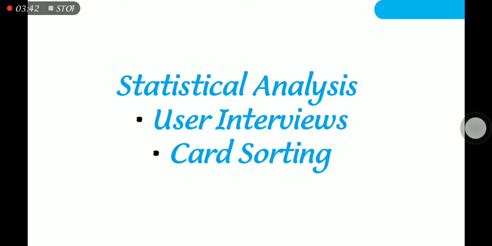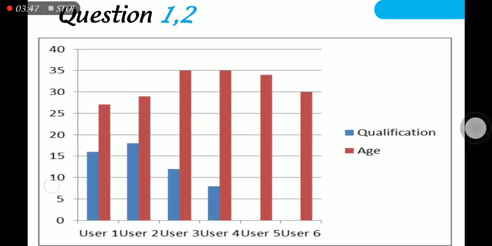Statistical analysis is based upon user interviews and card sorting. User interviews are based upon different questions that are discussed here in numerical form, or you can say in graphical notation. The first question is about the qualification and age of the parents of the children.